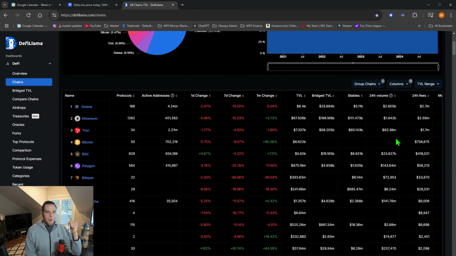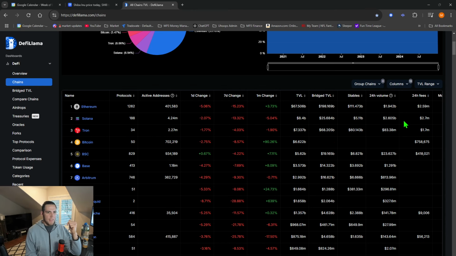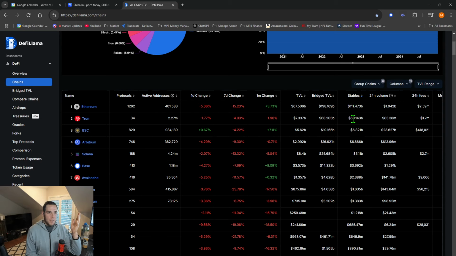You can look at 24-hour fees, and it looks like Solana and Ethereum are at the top for total fees the last 24 hours. Stablecoin utilization, Ethereum has $111 billion of stablecoins on the network. Next, you've got Tron. Next, you've got Binance. Next, you've got Arbitrum.